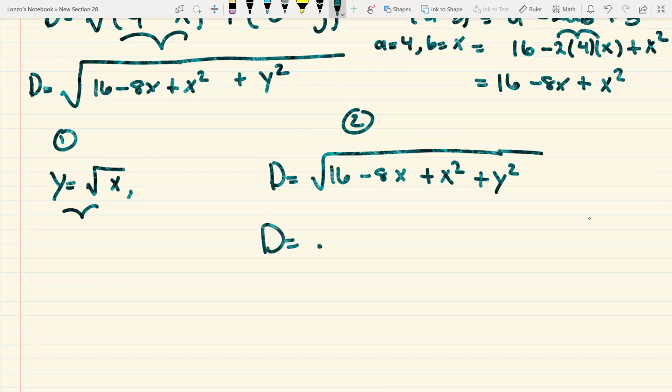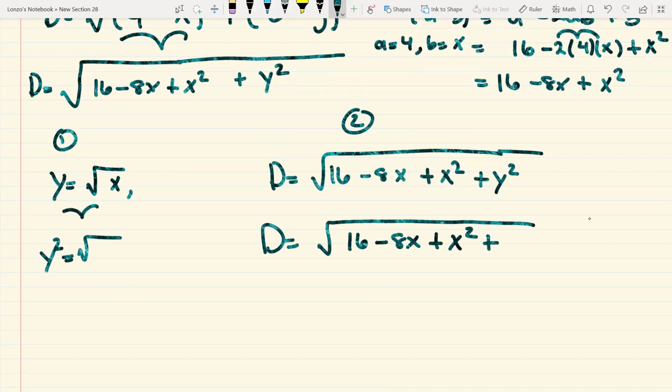So it's going to be d equals 16 minus 8x plus x squared plus, what is y squared? So we know that y is radical x. Y squared is just you square the radical. So that would be just x. Okay, now is there anything you can do?